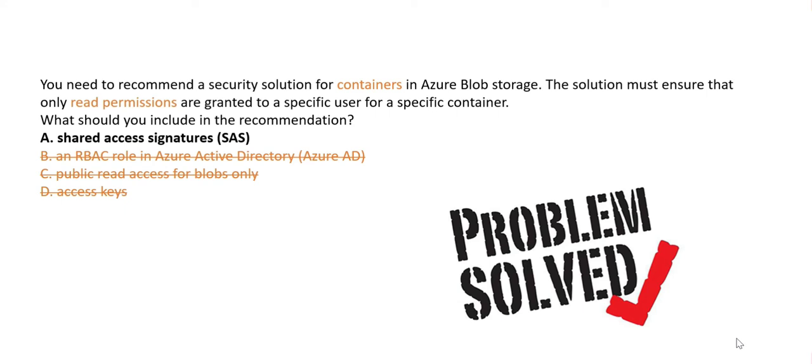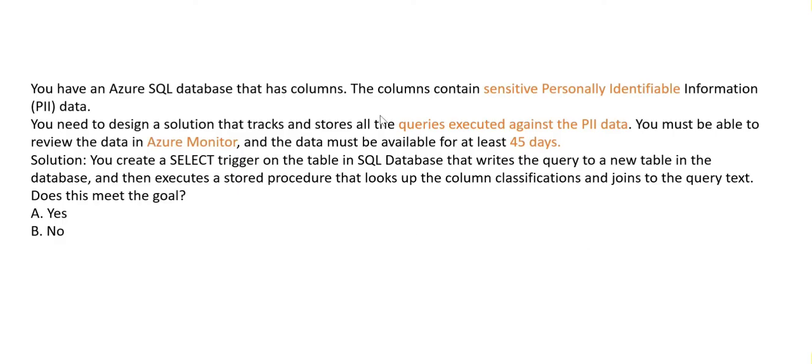Let's look at the next question. So we saw a similar question, but in this case the options are different. The question says that you have PII data in a column, and whenever queries are executed against that PII data, it should be tracked, and you should be able to review that data in Azure Monitor, and that data should be available for 45 days.